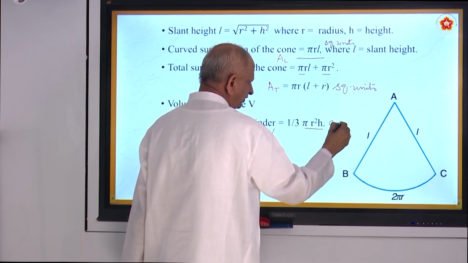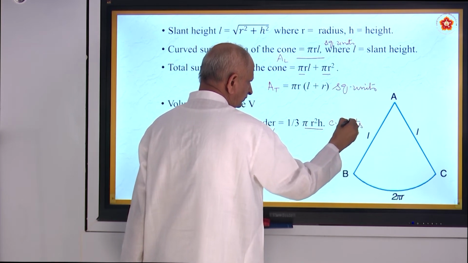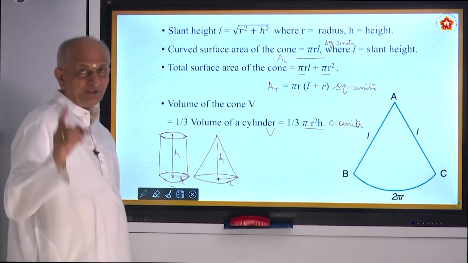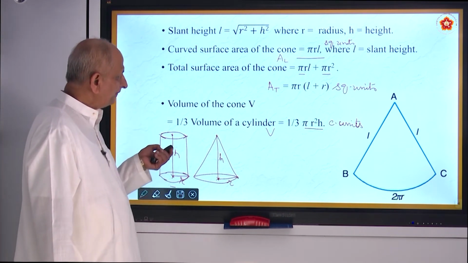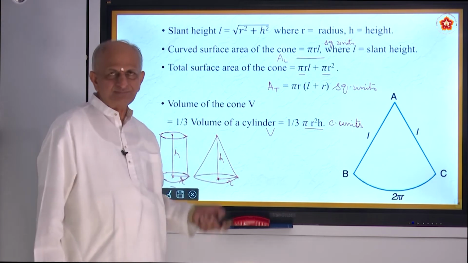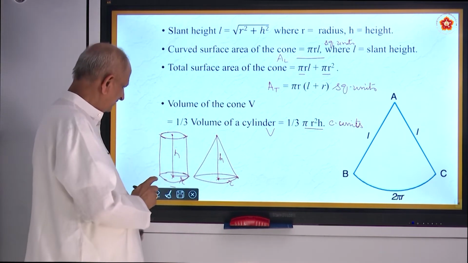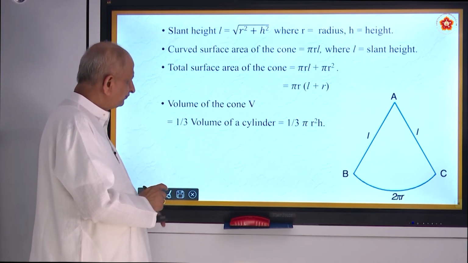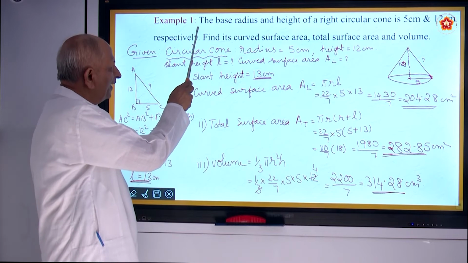And this is cubic units. So write the units also correctly. Whatever problem comes, you just apply in this formula. At least 10 times you must repeat. Write down. Followed? Okay.